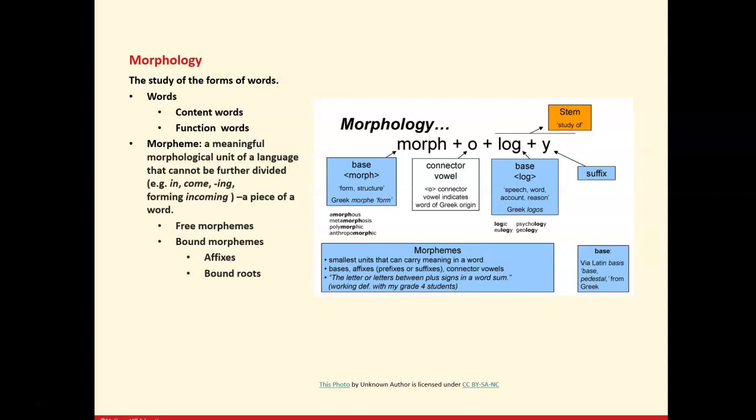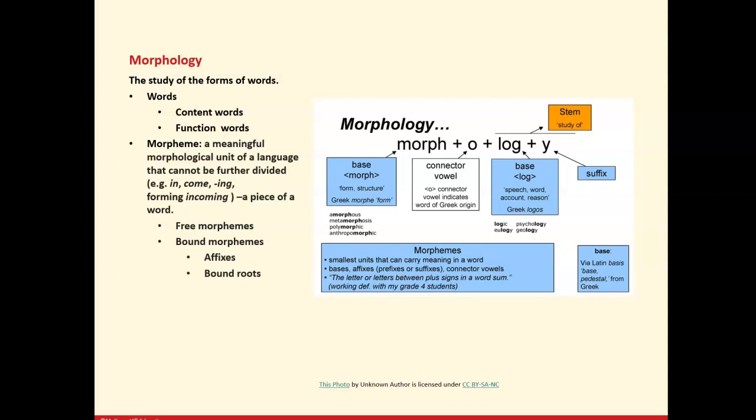Free morphemes are those units of sound that have meaning. So, for example, the word car, the word come, the word ball, the word cat, the word dog. Those are all free morphemes, because they can stand alone and they have meaning in and of themselves.